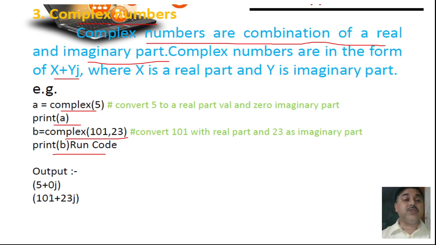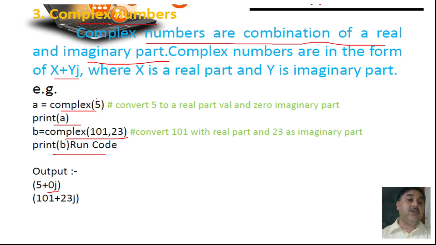Next, why is this j showing? It shows that it is an imaginary number. When you run the code, you find the imaginary number is working with it. Now you will ask me, sir, why is 0j coming? Because as soon as I write complex, complex has two parts, one is the x part, one is the y part.